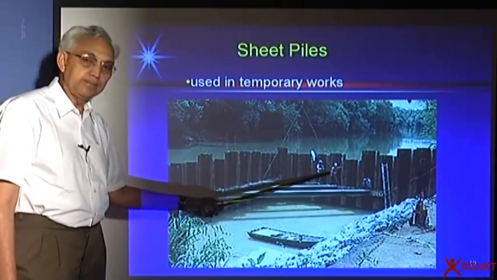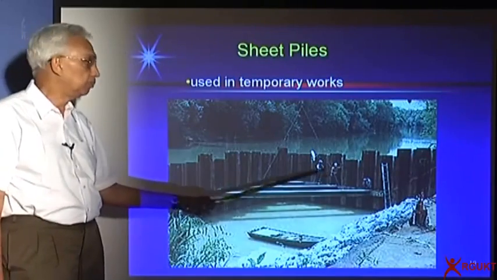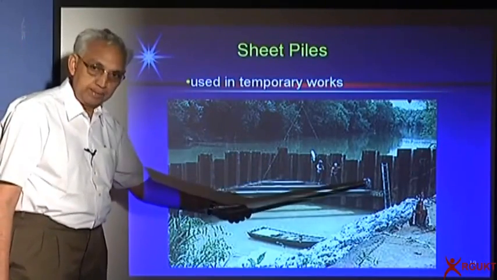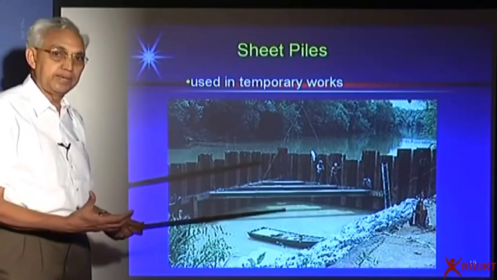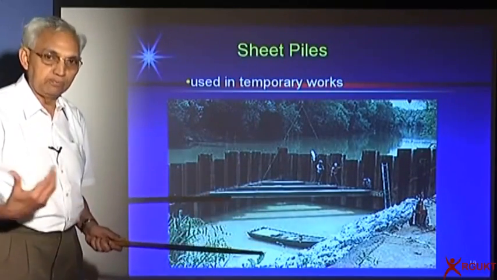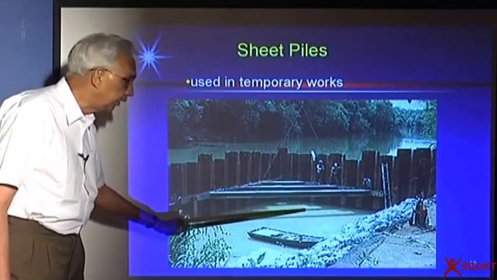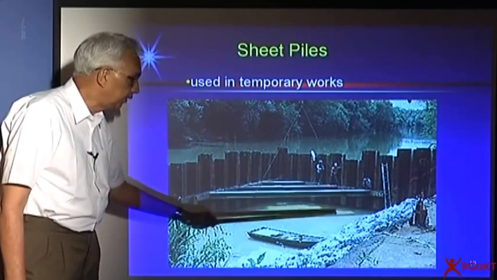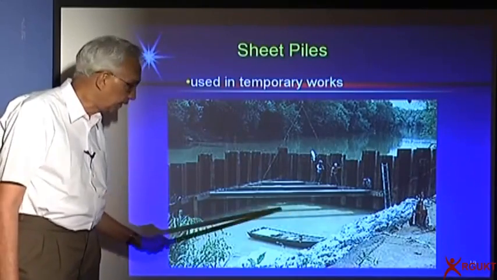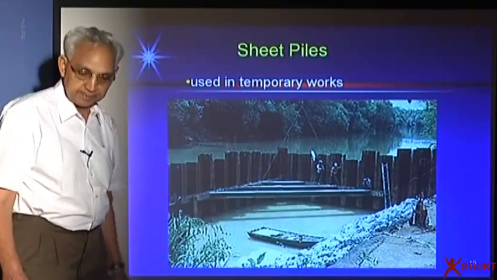In several of these power projects along the coast of Andhra Pradesh, they are using sheet piles as a temporary measure because the foundation has to be located at a depth of 4, 5, 6 meters, but the water table is very high. So I support the soil here with sheet piles, pump out the water, make the excavation dry, and then construct it.